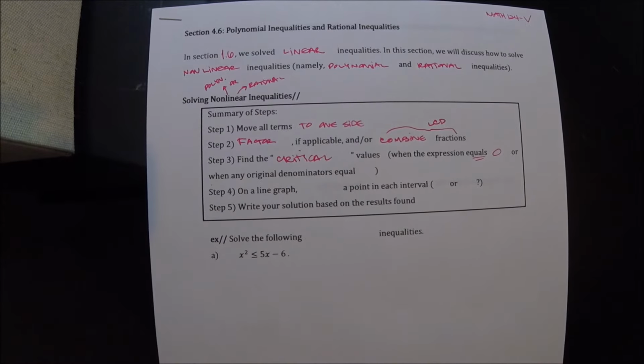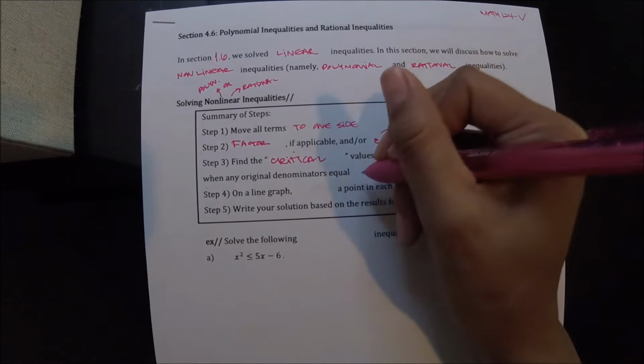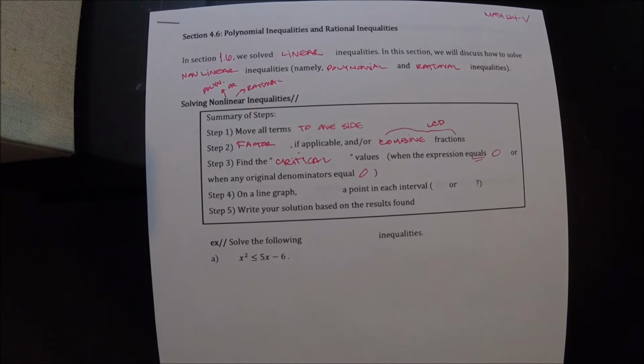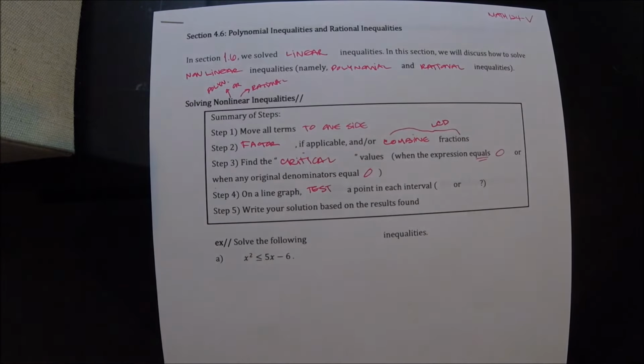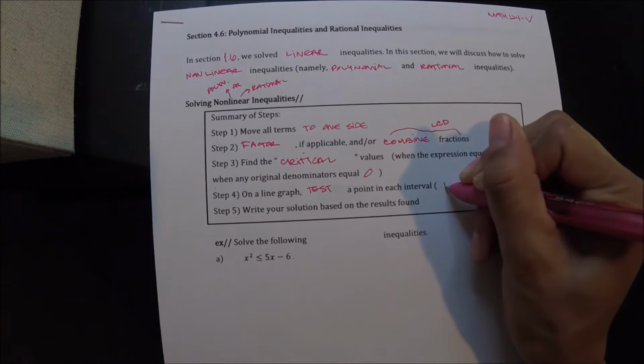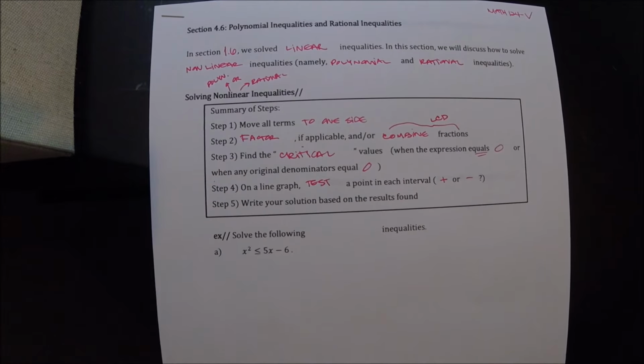Or when any original denominators equal 0, because you can't have a denominator equaling 0. Then on step 4, on a line graph, we're going to test a point in each interval. By testing, we care about whether it comes out positive or negative. And then step 5, write your solution based on the results found.